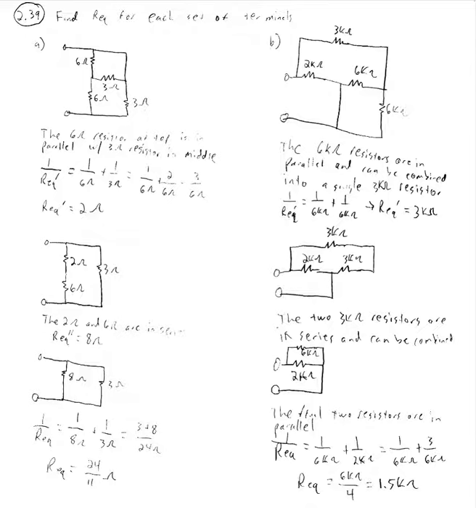The 6 kilo ohm resistors are actually in parallel with one another. Why? This 6 kilo ohm and this 6 kilo ohm clearly share this one right here. But if you look at the other node, the only thing that is connecting over here is just a wire. So this node here is shared by both of the opposite ends of the 6 kilo ohm resistors that are not right here. So this 6K and this 6K are in parallel.